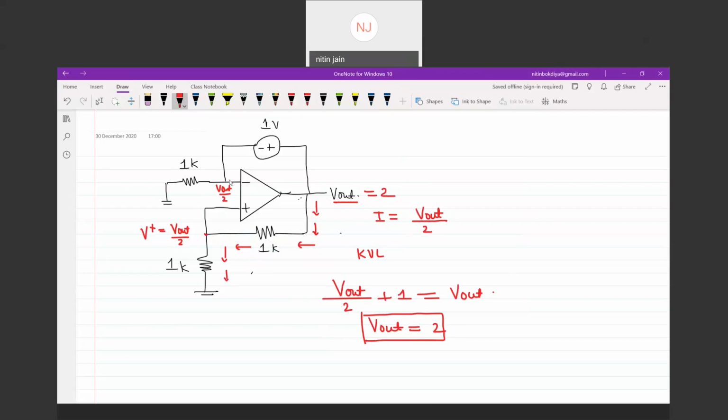So with this 2 volt and 1 volt drop, I can say V minus is equivalent to 1 volt, and V plus is also equivalent to 1 volt. So this is the idea for the circuit. You can apply the virtual ground concept here. Transistor is working in linear region.